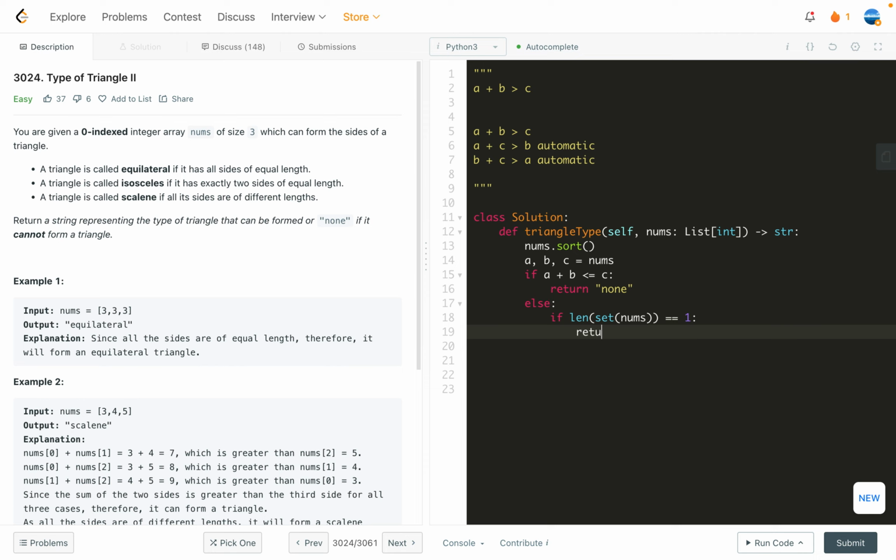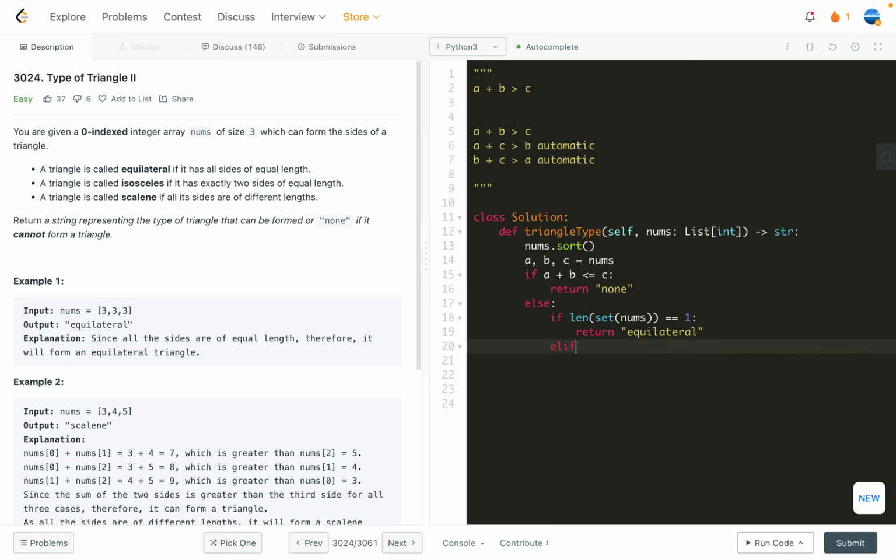So in this case we return equilateral. Let's copy this part. Another case is that two are the same.